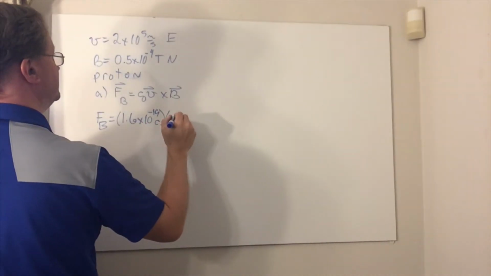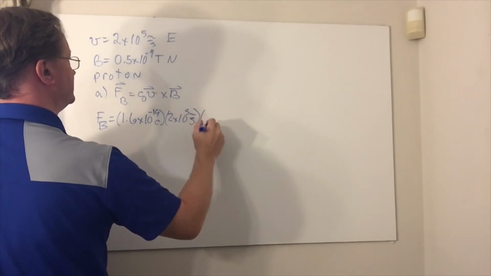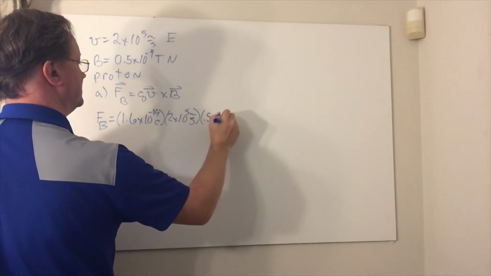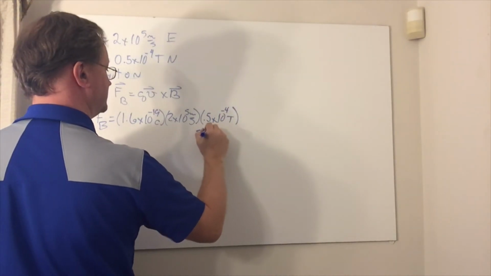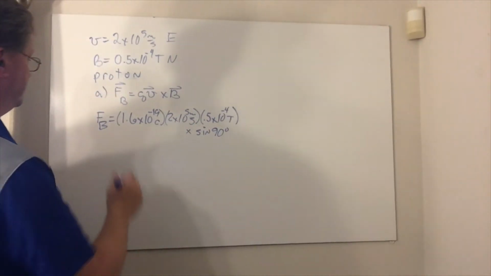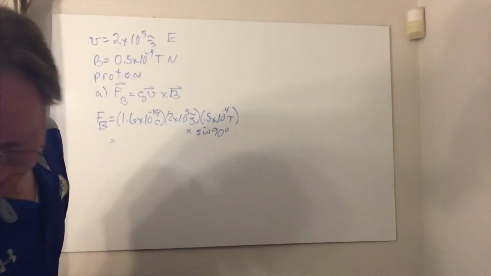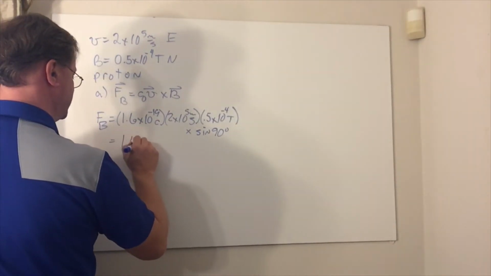Our velocity, 2 times 10 to the 5th meters per second. The magnetic field, 0.5 times 10 to the negative 4th Teslas. And then times sine of 90 degrees. Okay, that's going to give us a value of 1.6 times 10 to the negative 18th newtons.